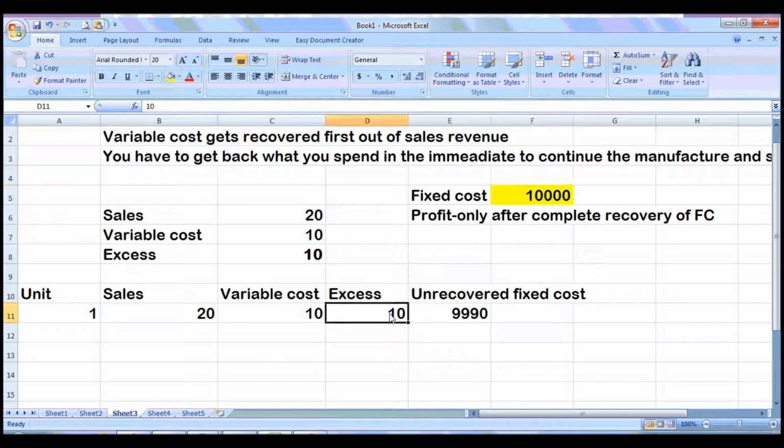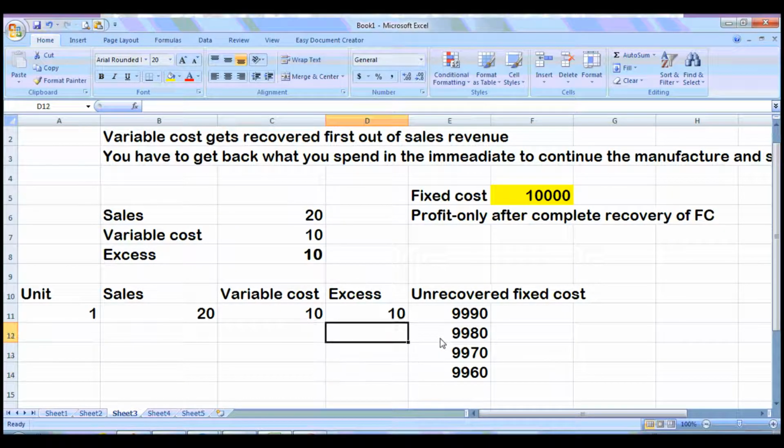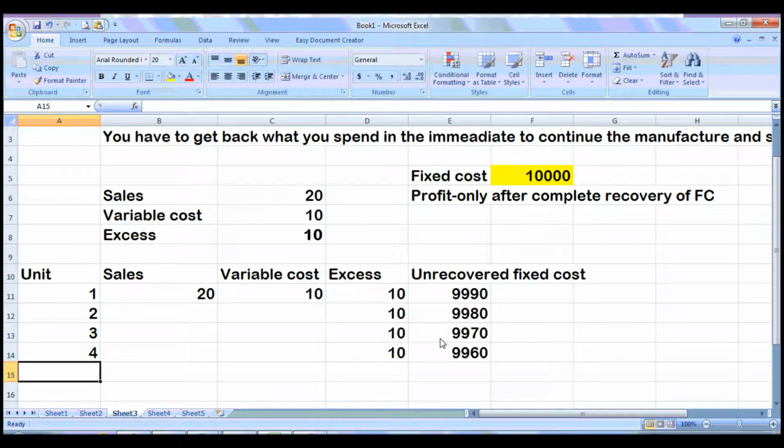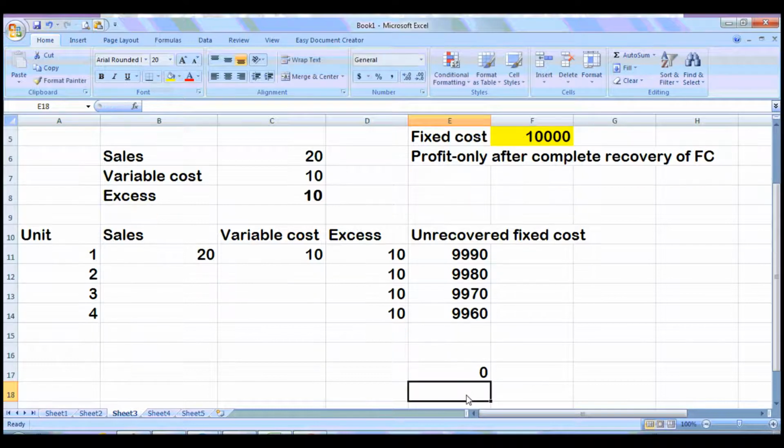That is, the excess of 10 rupees that you have earned over the first unit goes on to reduce the fixed cost. Second unit will fetch you another 10 rupees. Your unrecovered fixed cost becomes 9,980. Third unit another 10, 9,970. Fourth unit 9,960, and so on and so forth, until the unrecovered fixed cost becomes 0. After the fixed costs get completely recovered, you will start earning profits.